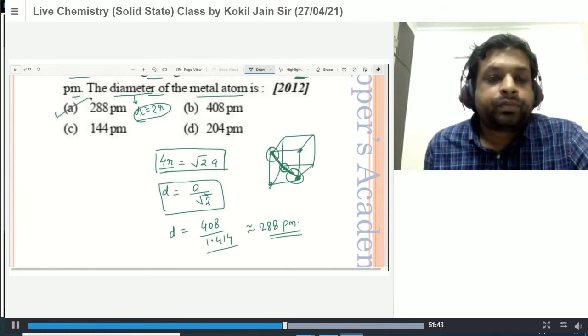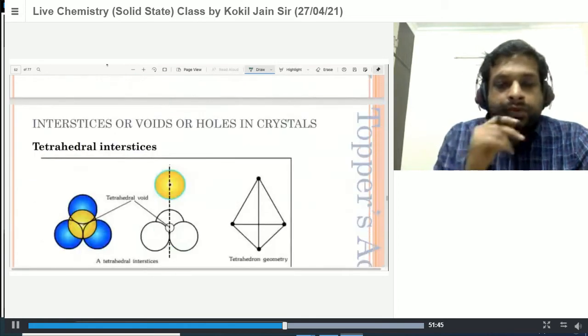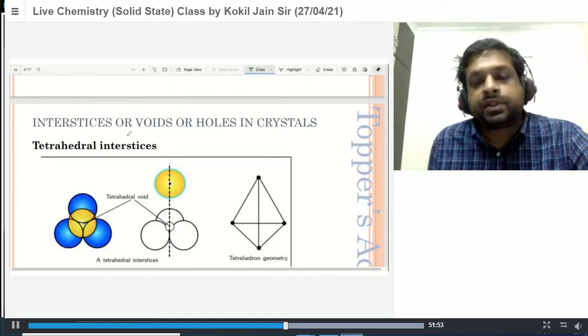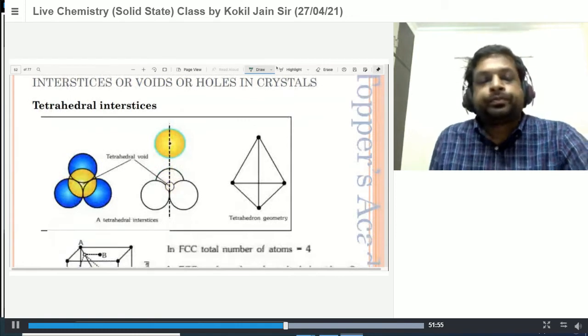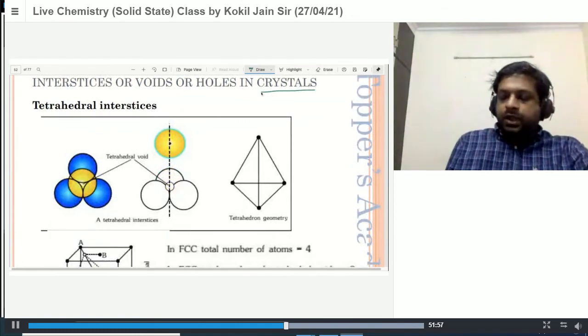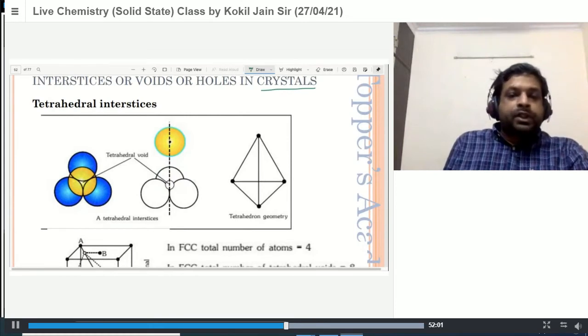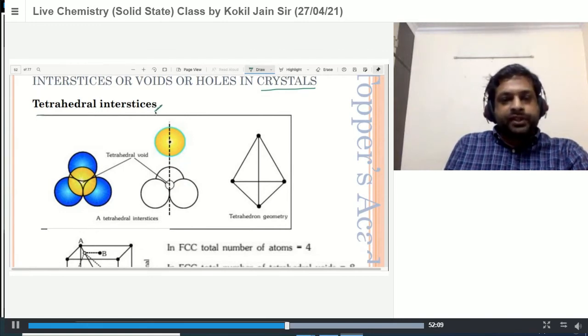Now, let's see the next topic here, which is interstices or voids or holes in crystals. Now, see, there are two types of voids, or maybe three types of voids we will study. First one is the tetrahedral interstices.